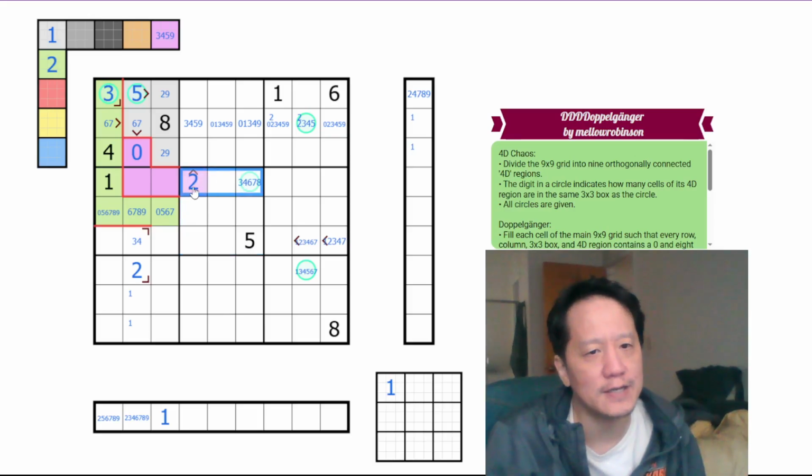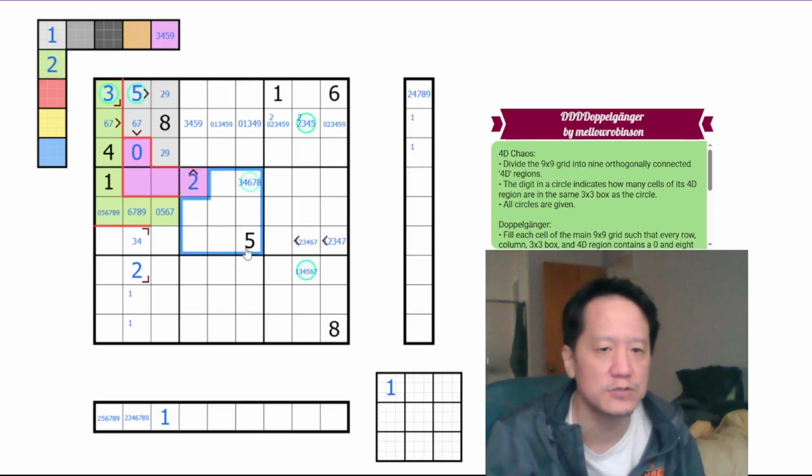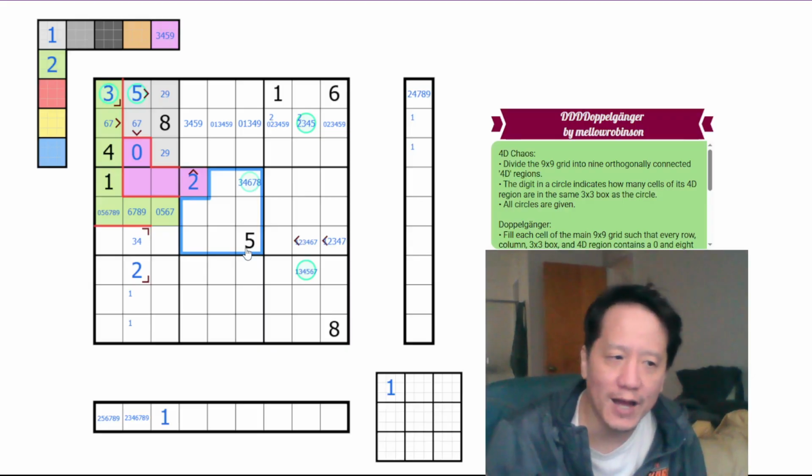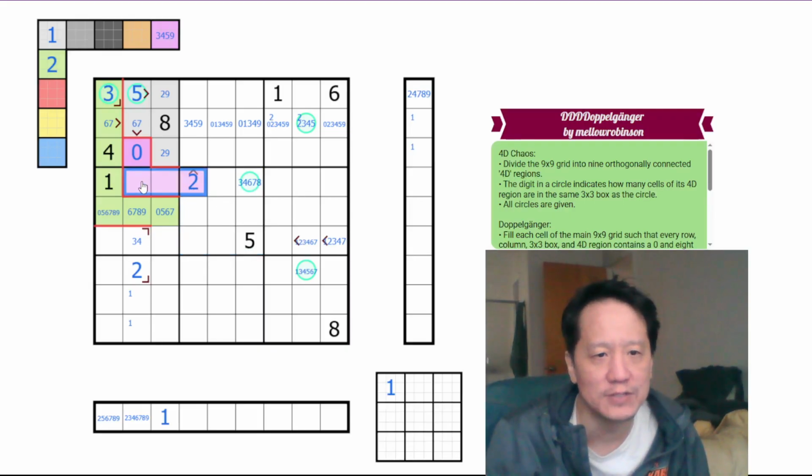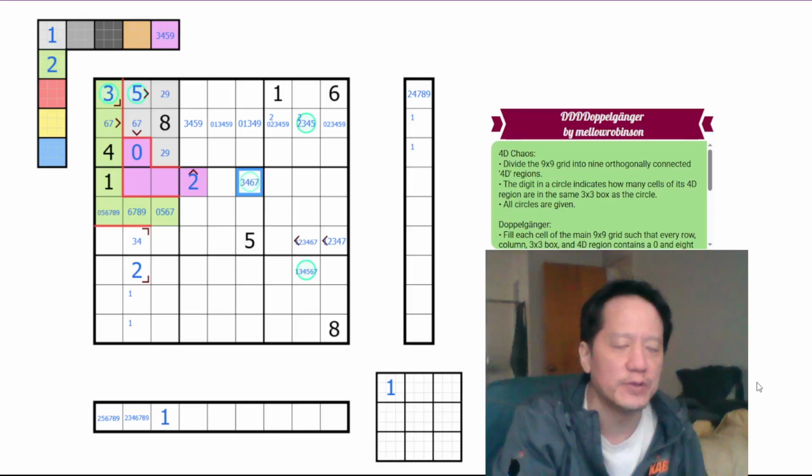If we try to make it 8, it's not part of pink. But then the 0 in the box would have to be missing. So pink is not missing 2. So whatever is the rest of this box would be missing the same as the region if this were 8, which is not allowed. So this cannot be 8.